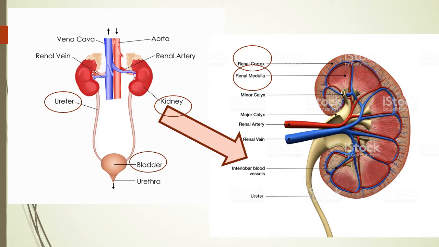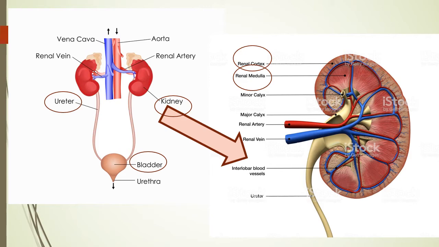Within the cortex and the medullary structure, the units of the excretory system, the nephrons, are present. We can also see parts like the major calyx and minor calyx, which are interior parts, and the renal artery, which enters the kidney, and the renal vein. The artery is for oxygenated blood and the vein of course for deoxygenated blood.